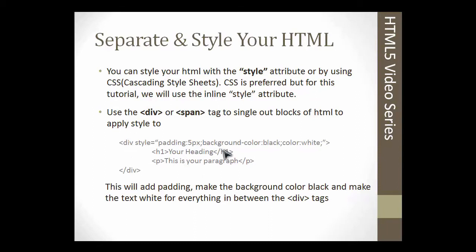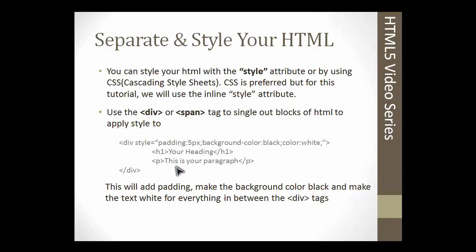First of all, what we have here is an H1 heading and a paragraph. Very simple. And it's wrapped in the div tag with padding of 5 pixels, a background color of black, and color of white. So what this means is this block right here is going to have padding of 5 pixels, so 5 pixels of space on each side of it.